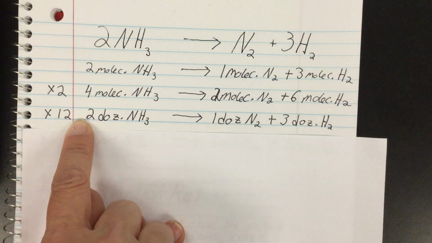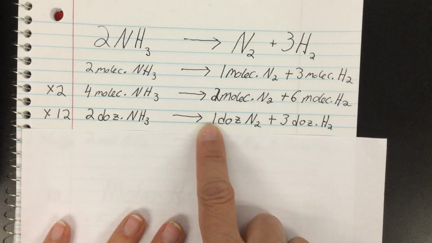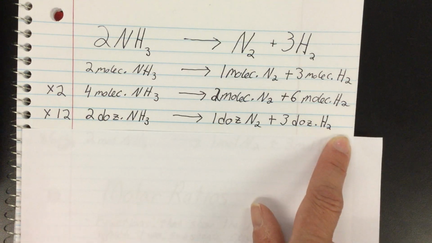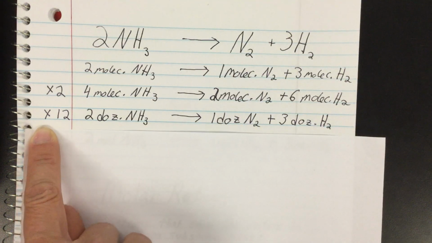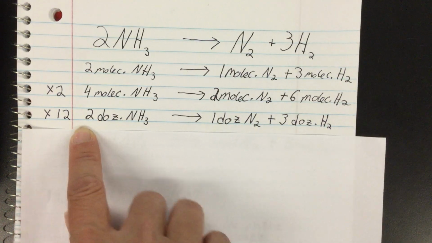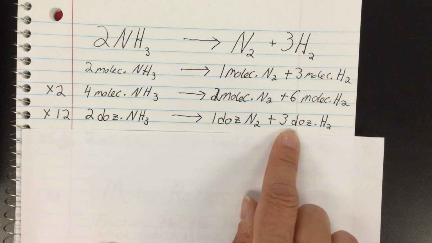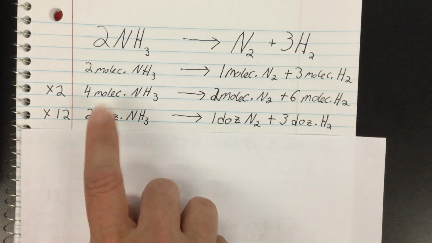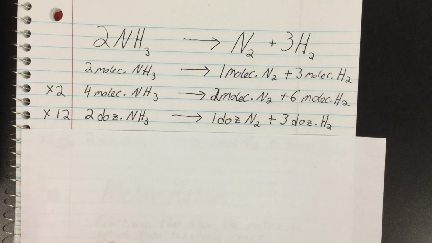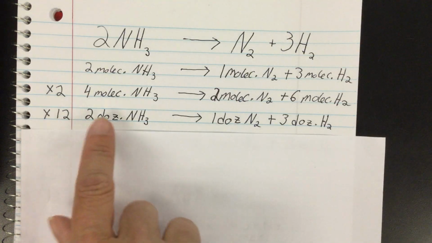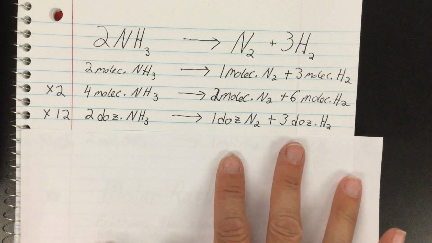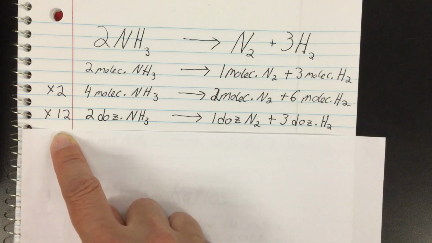So I have 2 dozen ammonia, and I have 1 dozen nitrogen and 3 dozen hydrogen, and I have the same ratio because I still have the same substances, right? I multiplied them all by the same thing. I multiplied them all by 12, right, to get the same basic idea.